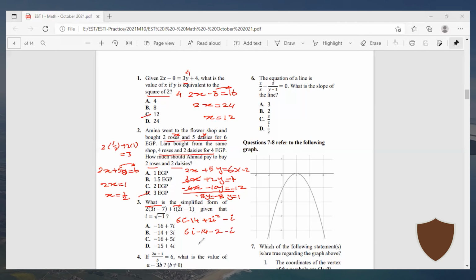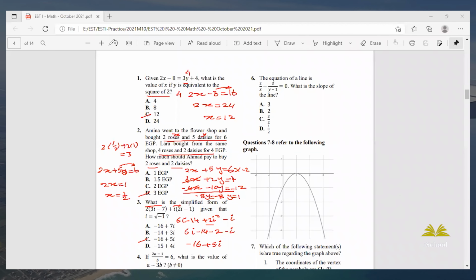Combining like terms, we have negative 16 plus 5i, then the result will be C. We must know that i power 2 equals negative 1, so we can change the sign and remove i power 2. This is question number 3.